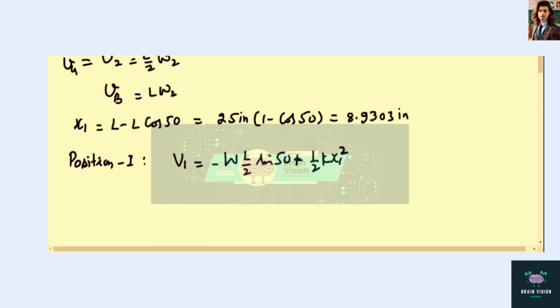Putting the value, weight is given 9 pounds, so mass will be 9 upon g, that is 32.2. Length is given 25 inch, so 25 by 12 into 1 by 2, sine of 50. Spring constant is 3. X1 we have calculated.